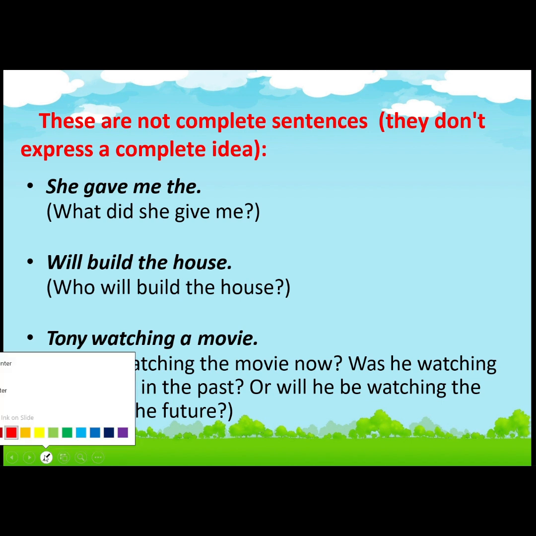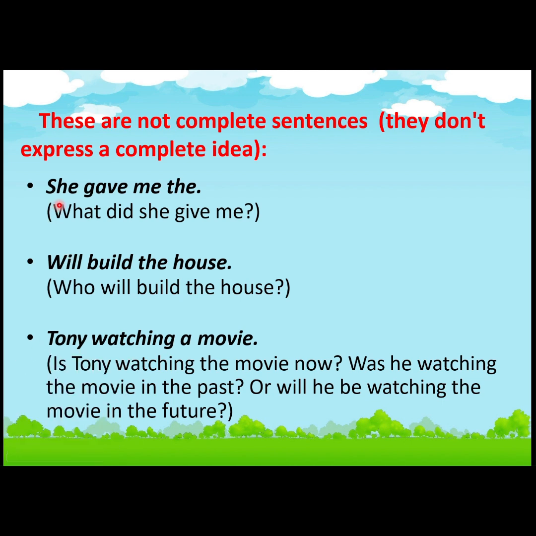These words, though they are placed in such a manner, but do they express any complete idea? What did she give? When did she give? We do not have any clear clarity to this. So that means these group of words cannot be termed a sentence. Why? They do not express a complete idea.